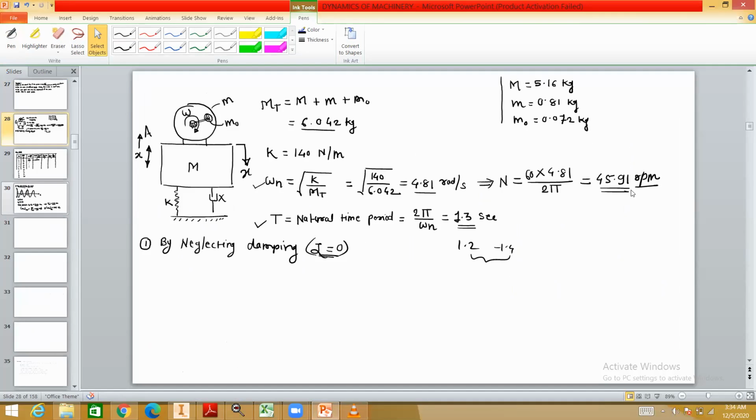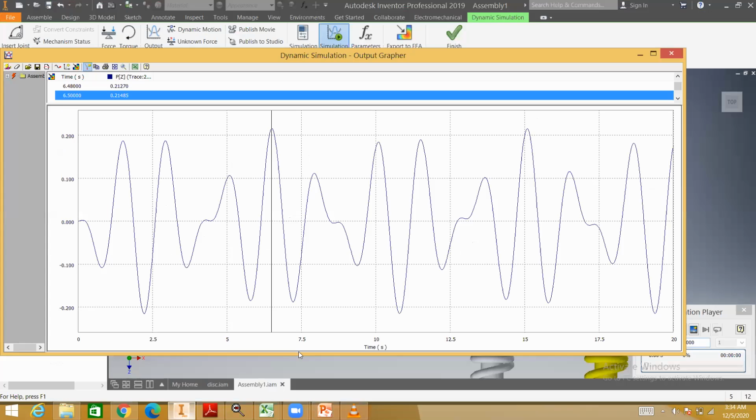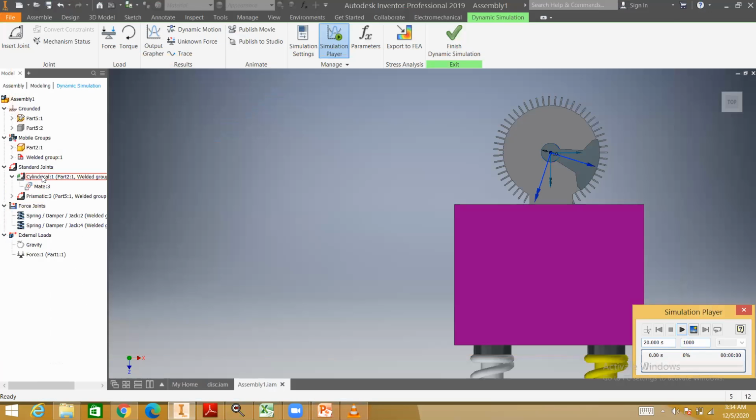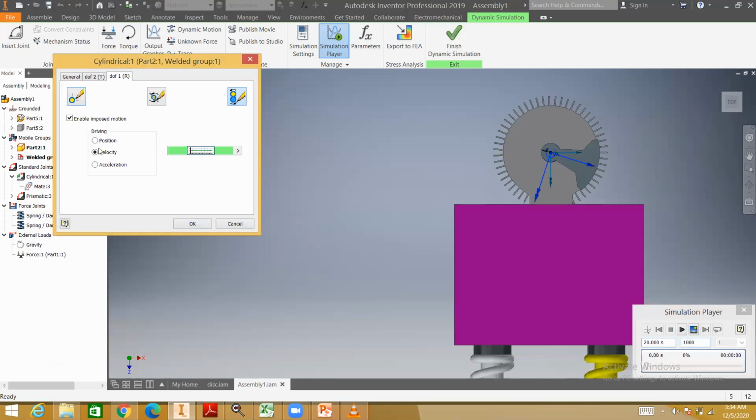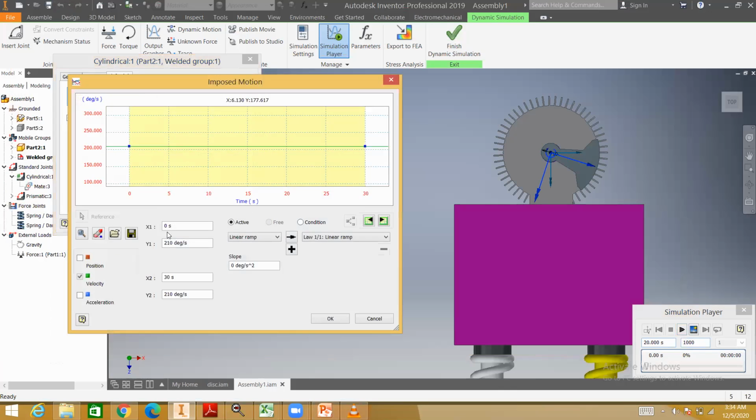Okay, so if the value is near about this 45.91, so we will take the 50 value directly. So just observe the waveform. So if I adjust the speed at 50 RPM, so 50 RPM is corresponding to 300 degrees per second.